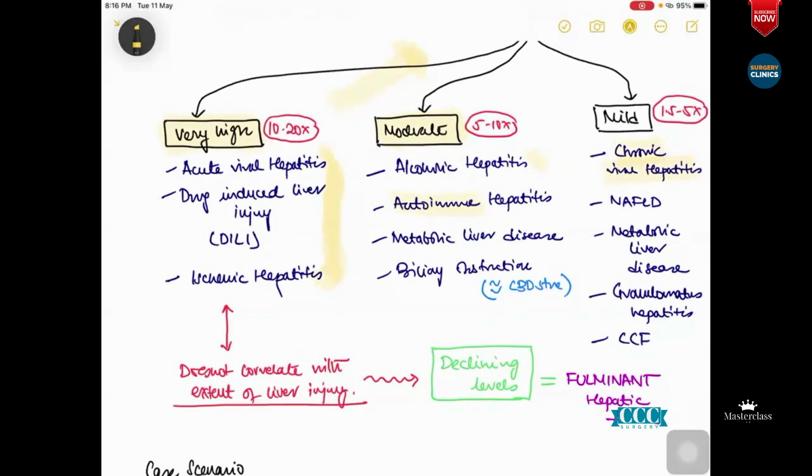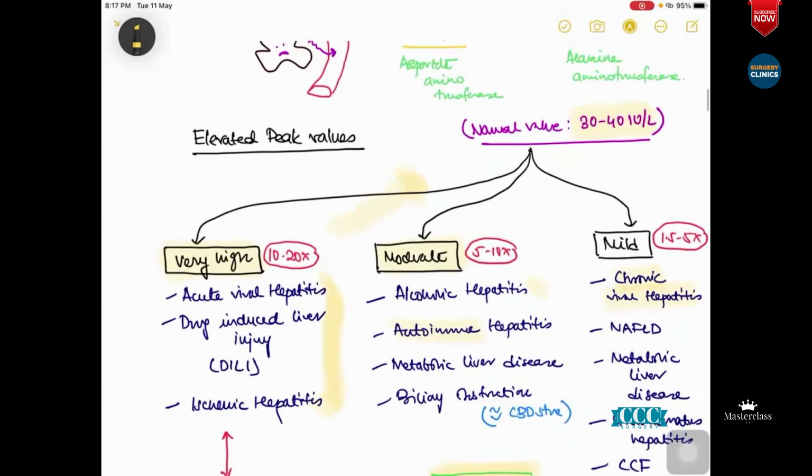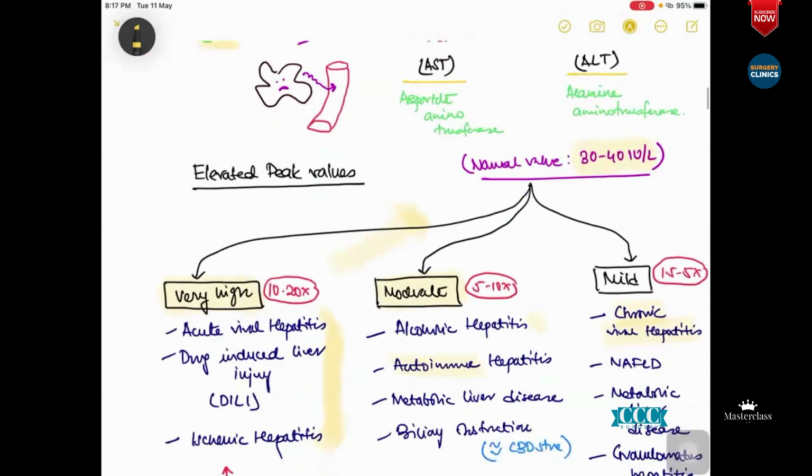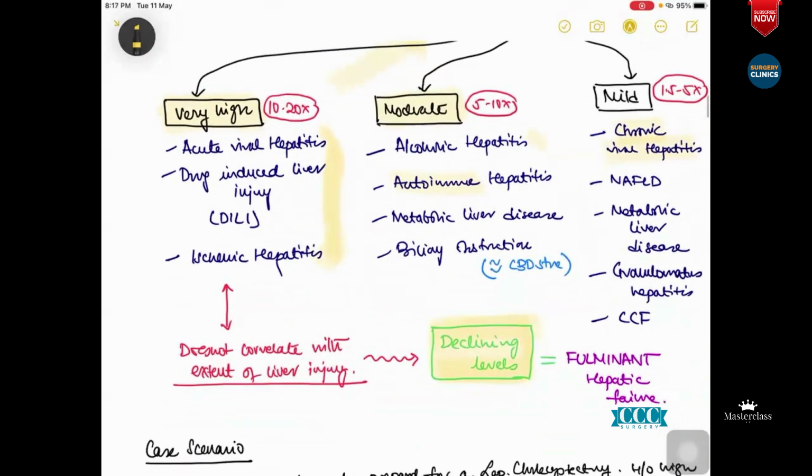Yes, it is true, but the amount of liver cells damaged will give you a declining level. You would think the more cells are damaged, the more the values will increase. No, we will have declining levels because the liver cells will not be able to synthesize these ALT and AST enzymes. So there will be a declining pattern. A declining pattern is seen in fulminant hepatic failure.